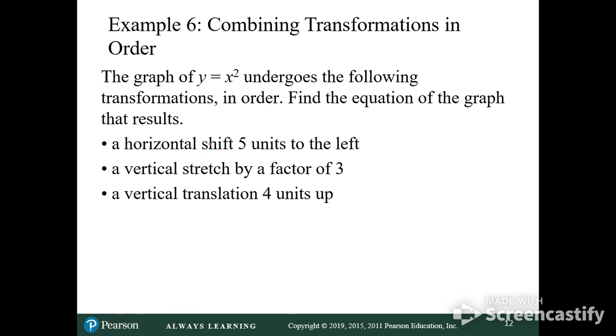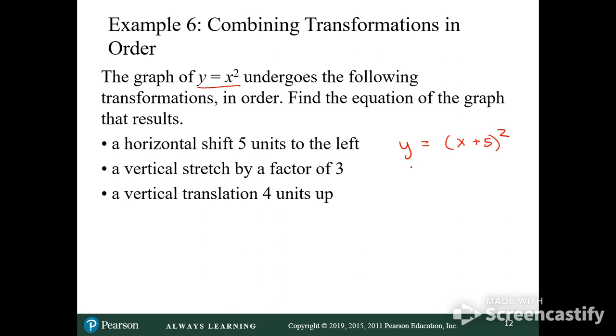Okay, what's a horizontal shift to the left going to do to this? What's the first step? How is it going to look? y equals x plus 5 quantity squared. Okay, we're going to build on that. It's going to vertically stretch by a factor of 3. Where does the 3 go?